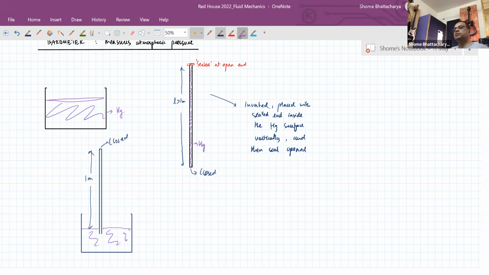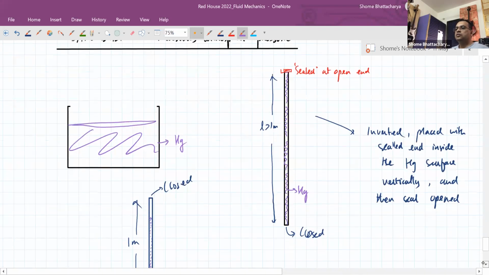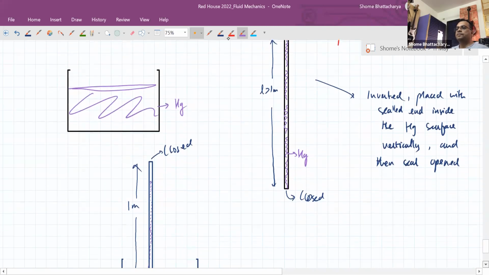Okay. So what we observe is that the mercury level drops, leaving behind a vacuum gap.